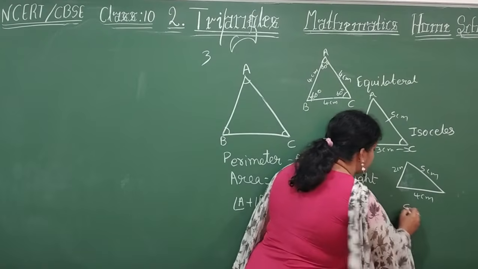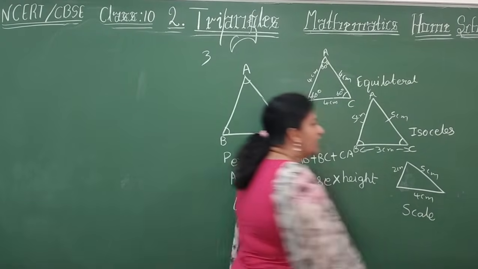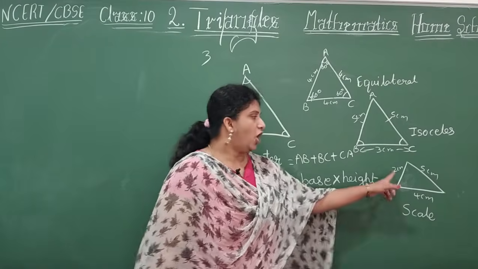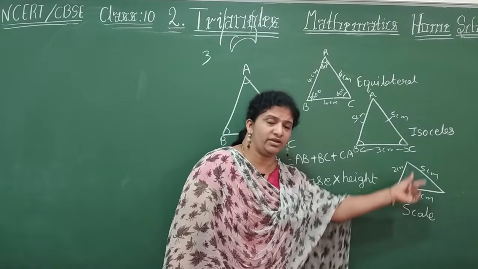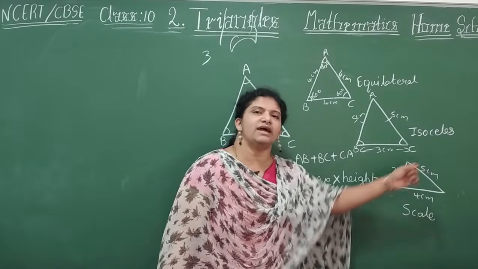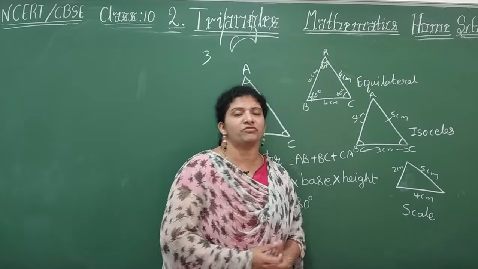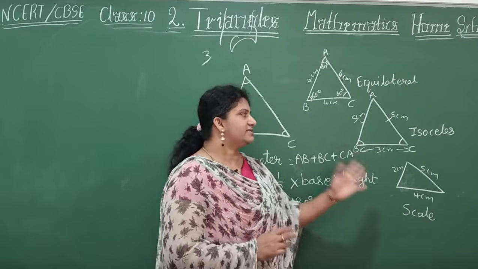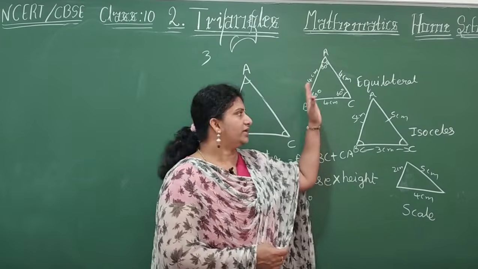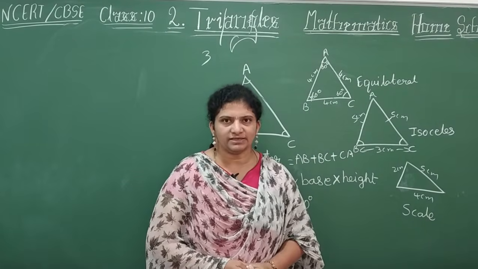So what is this triangle here, children? It is called a scalene triangle. All sides are different. See, 2 centimeters, 4 centimeters, 5 centimeters. Each side is different. So this type of triangle is called a scalene triangle. Regarding its sides, we are going to divide into 3 triangles here.